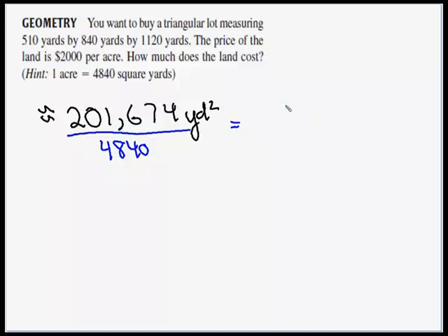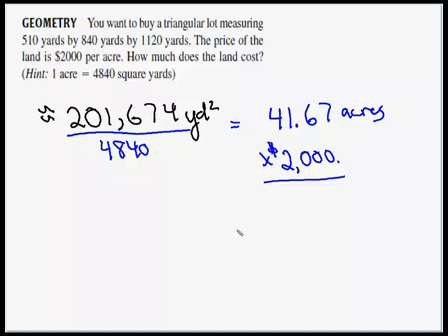Do that division, we get 41.67 acres. And we know that it costs $2 grand an acre, so we're going to multiply that by $2,000, and we get $83,336.37.